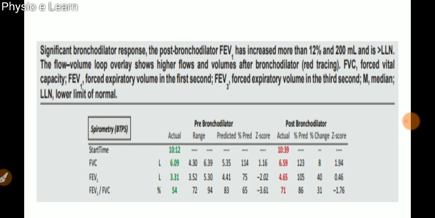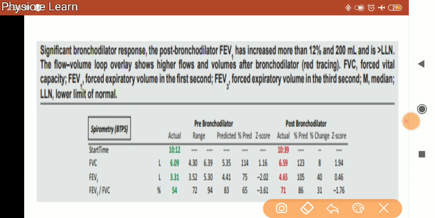So if you see here again, the percent predicted FVC has improved to 123%. FEV1 is grossly improved, from 75% to 105%.